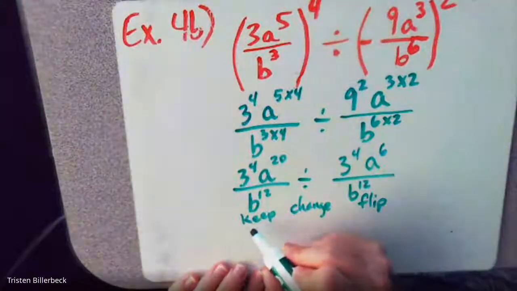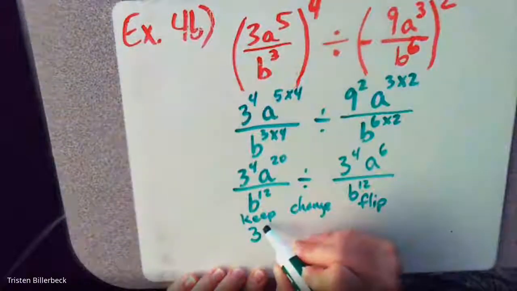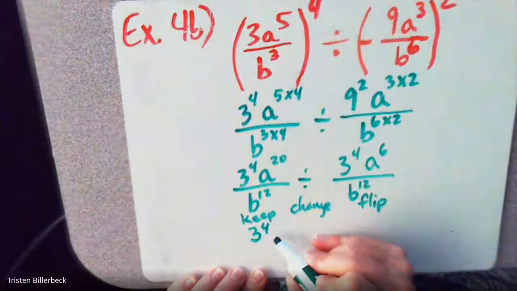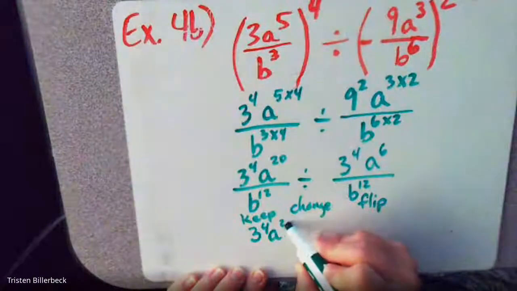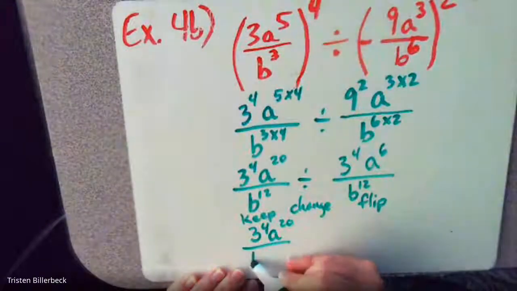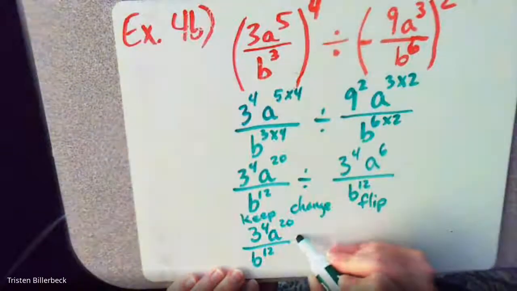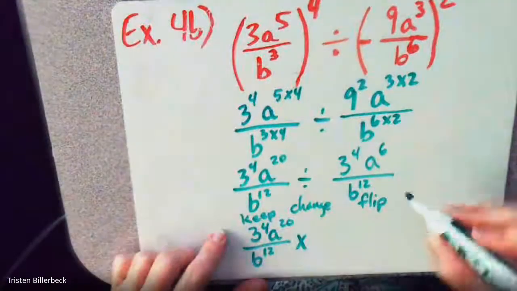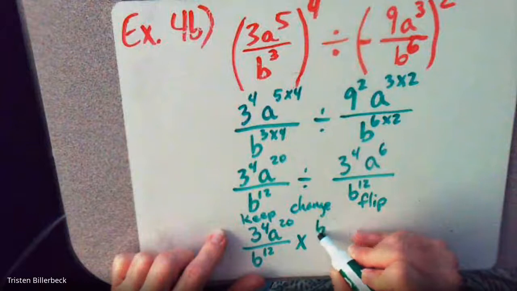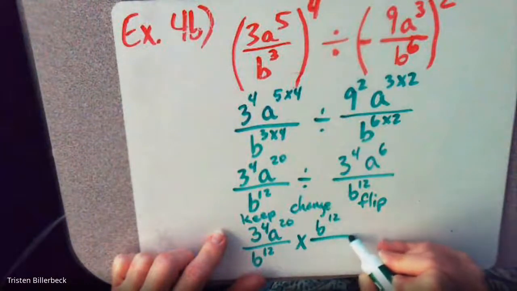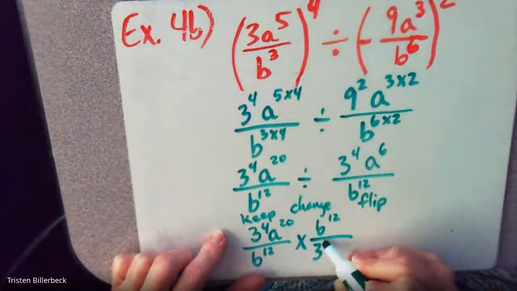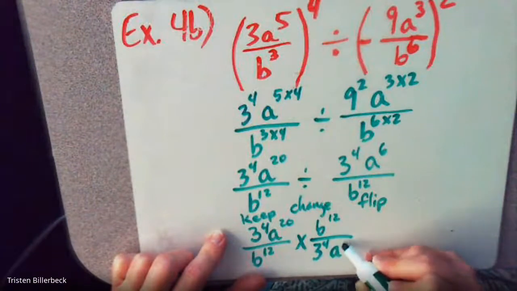So let's do that. So we have 3 to the 4th, a to the 20th over b to the 12th. We change to multiplication. We flip this over. So we have b to the 12th, 3 to the 4th, a to the 6th.